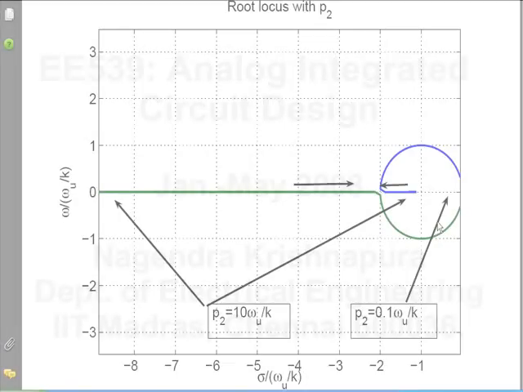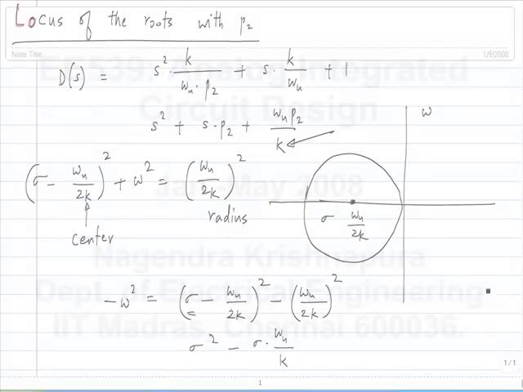Any questions on this? Okay. Omega u by k, which one?